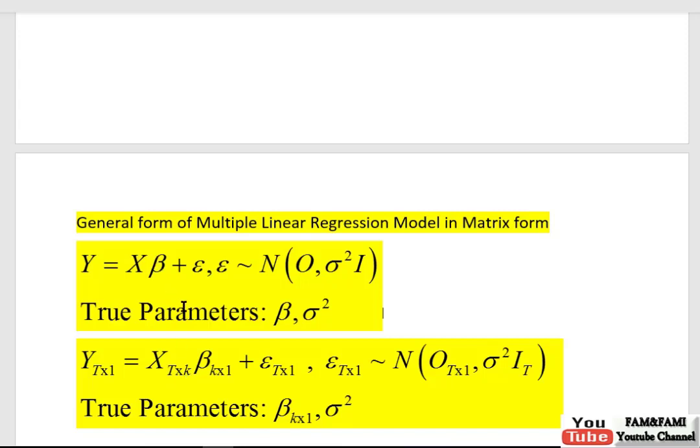Beta is a vector containing k components, beta 1 to beta k, so its order will be k rows 1 column. This epsilon is t by 1, t rows 1 column, and it is normal with mean null vector O, and this O is t rows 1 column. Then this sigma square is just a constant.